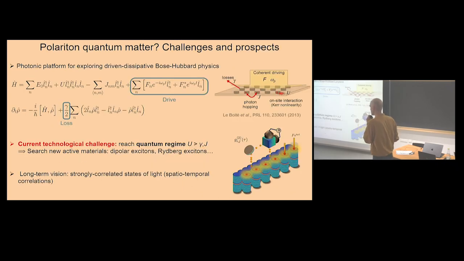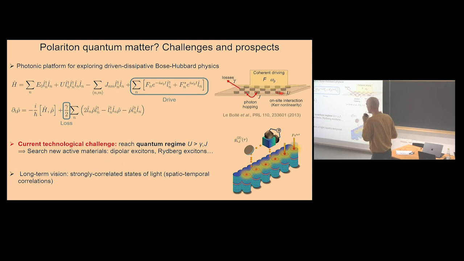Okay, small conclusion. What about polariton quantum matter? I mentioned originally that if you take a lattice of coupled cavities with nonlinearity, you can realize synthetic quantum materials. In fact, our system is very well described by the following master equation, where you have on-site energies, interaction, and coupling between sites.